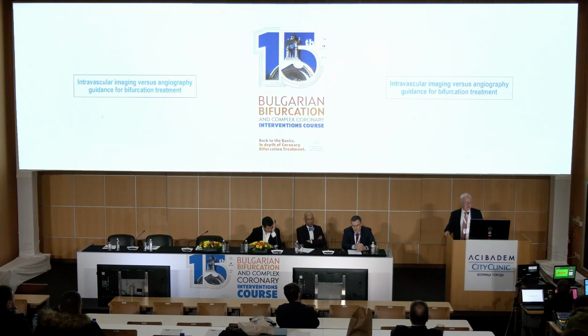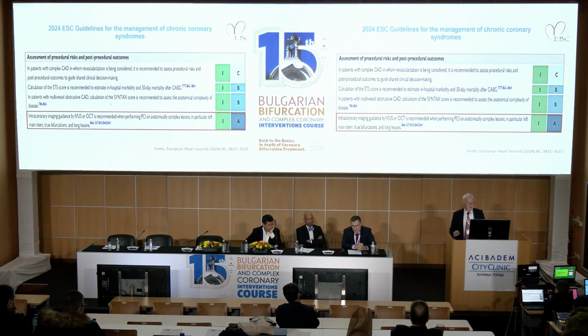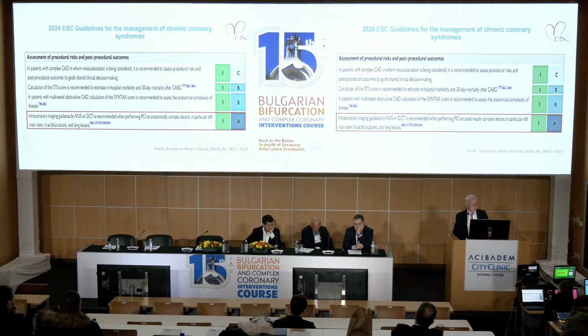So, intravascular imaging versus angiography guidance for bifurcation treatment. These are the recent European guidelines, telling that intracoronary imaging guidance by IVUS and OCT is recommended when performing PCI on anatomically complex lesions, in particular left main stem, true bifurcation, and long lesion.